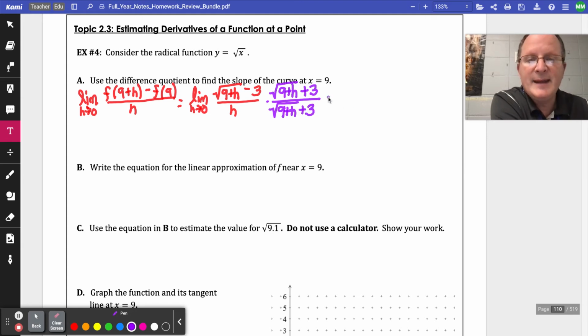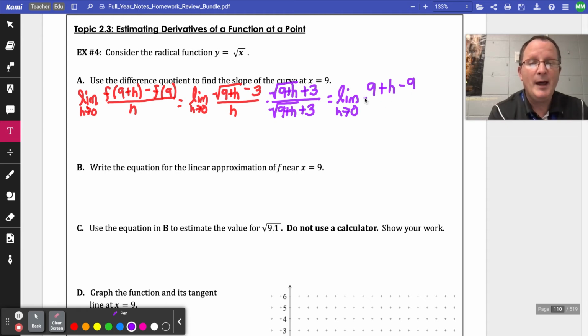So that gets us to the limit as h approaches 0 of the numerator, which will be 9 plus h minus 9, and the bottom will be h times the square root of 9 plus h plus 3.